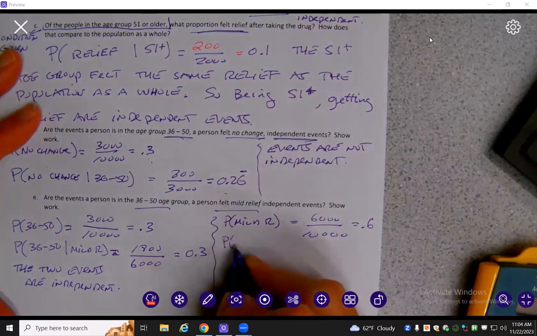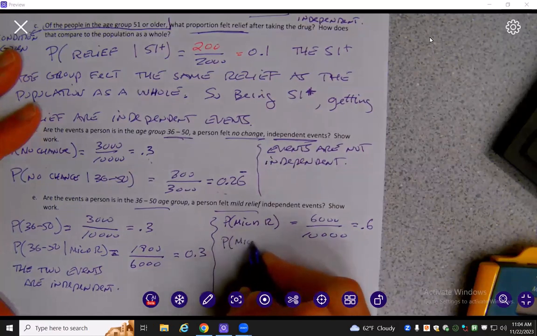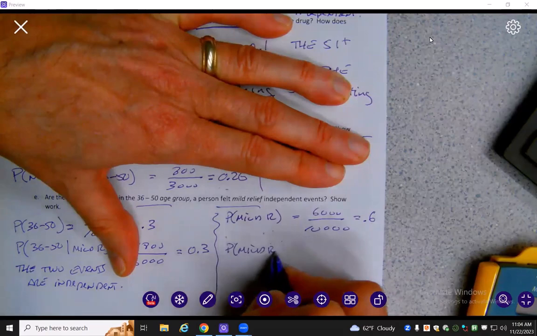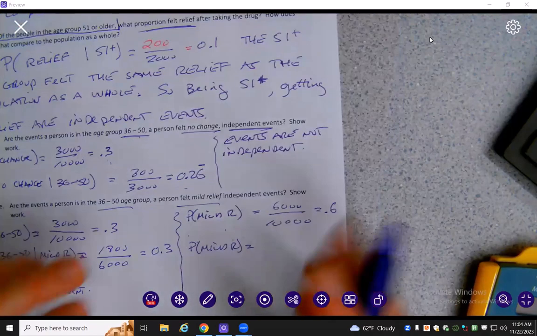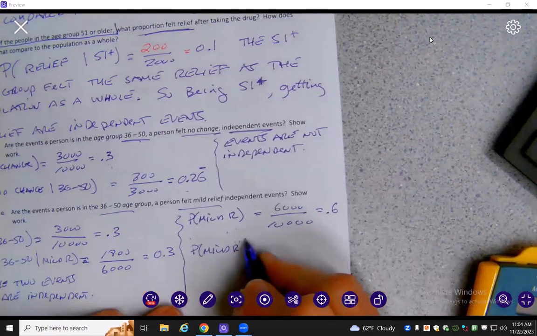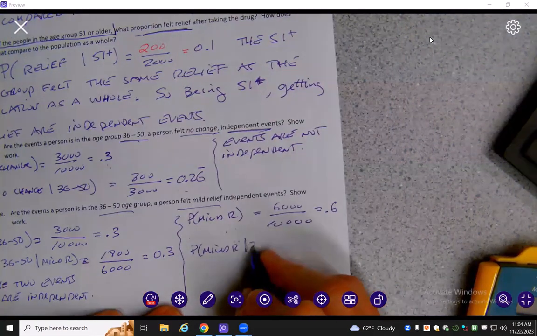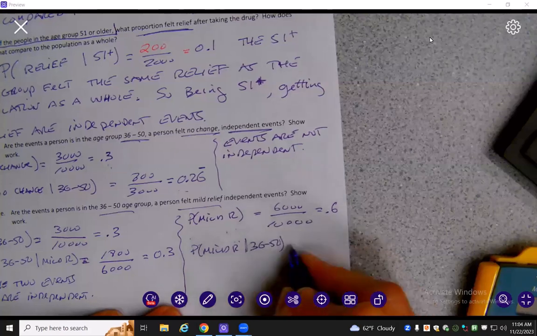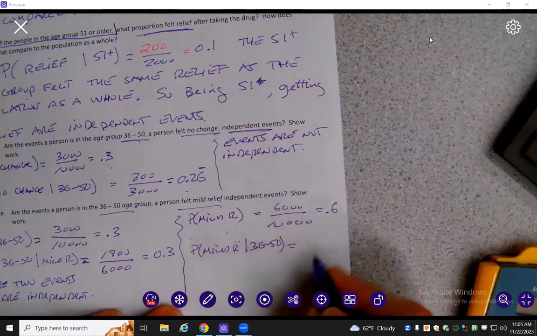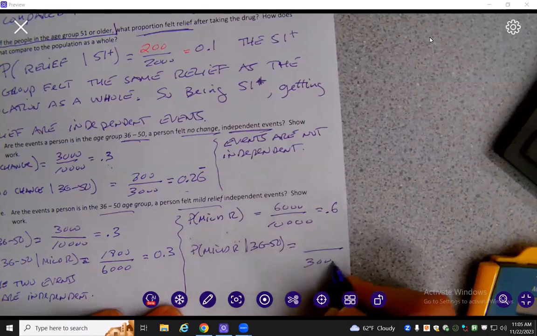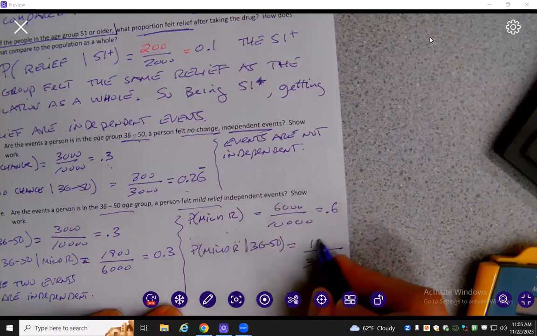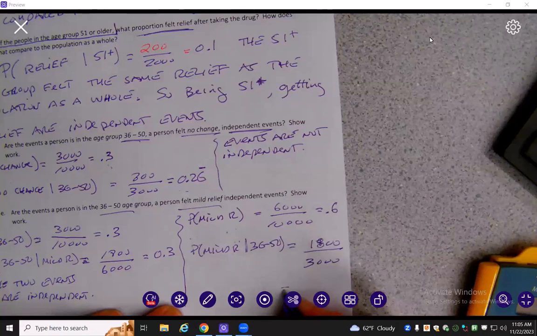The next question would be mild relief given 36 to 50. Now I'm only dealing with the age group 36 to 50, which has only 3,000 people, of which 1,800 had the mild relief.